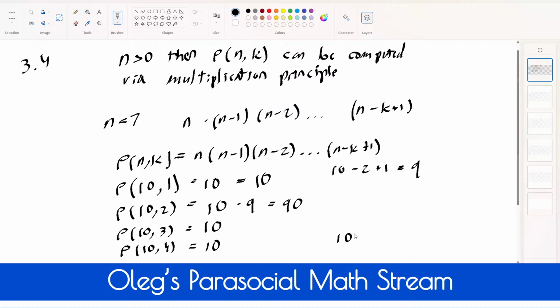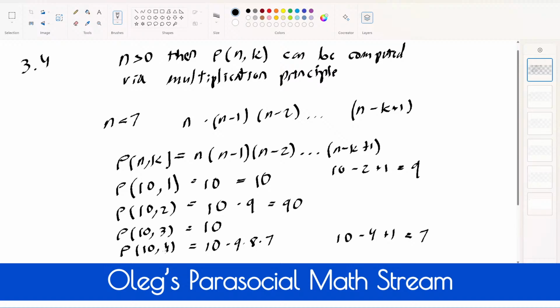It might be a little backwards, but I want to show you something. If you just did it over here and you put the k in, the 4 plus 1, it's going to give you 7. So we know it's going to be 10, 9, 8, 7. That's where we're going to stop. The k tells us the last number that we're going to multiply.